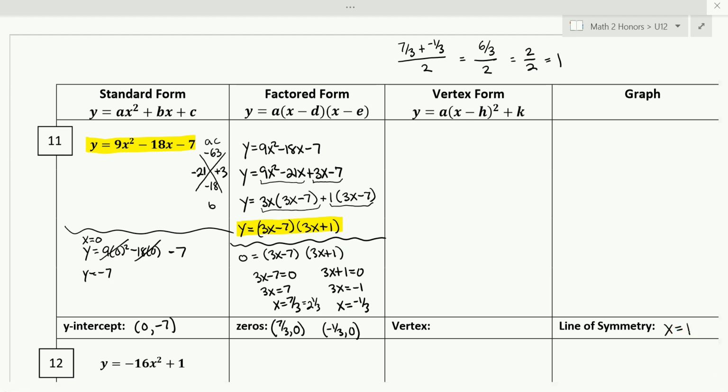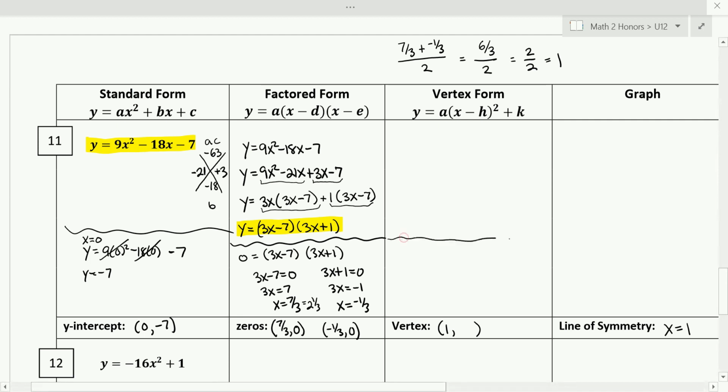And then we know that the x value for the line of symmetry is the same as the x value for our vertex. And so we can now find our vertex by plugging in 1 into one of our equations. It could be factored form or you could do standard form. Which one would you rather do? I heard factored form, so let's do that.